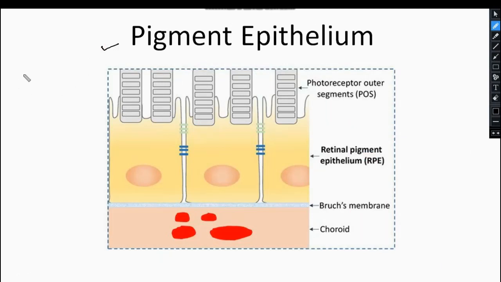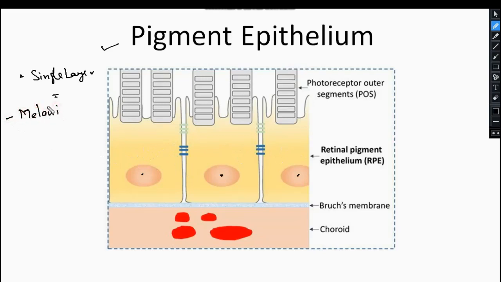You have seen that the pigment epithelium is made up of a single layer of cells. And here, what you see in this color is the melanin pigment.